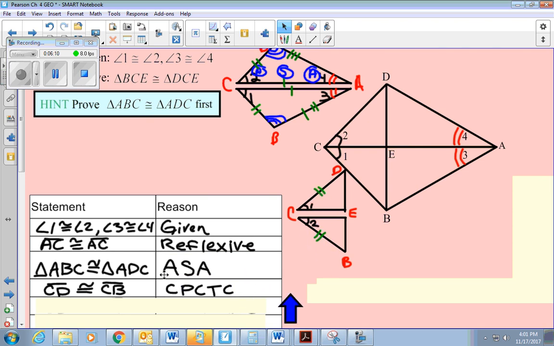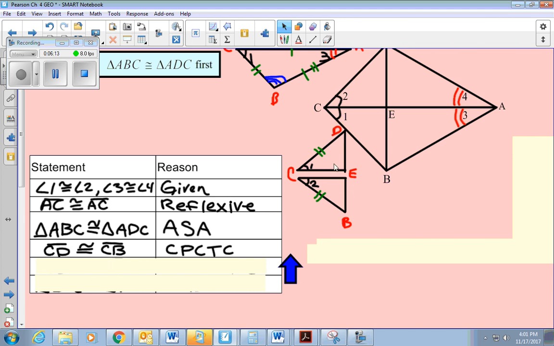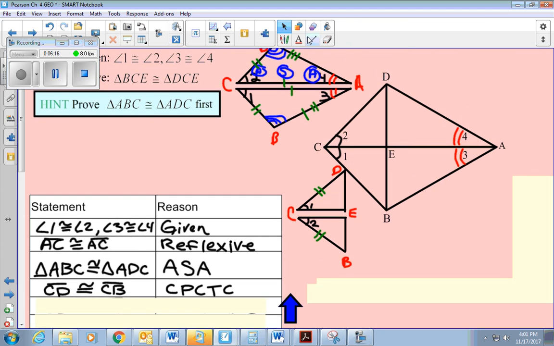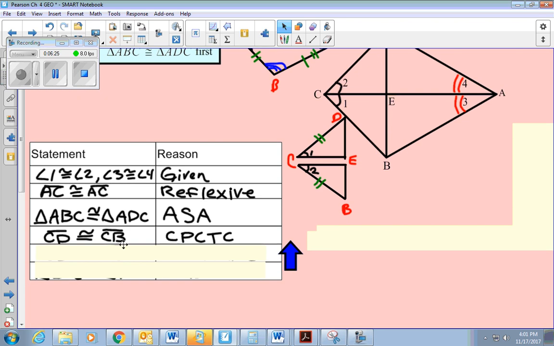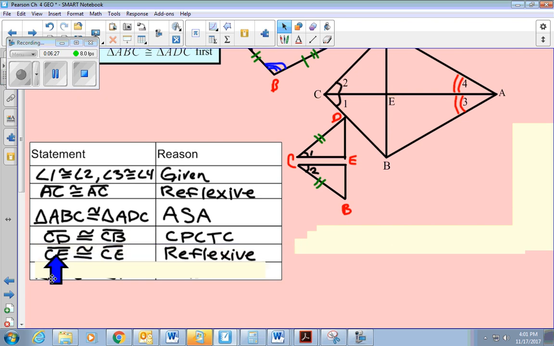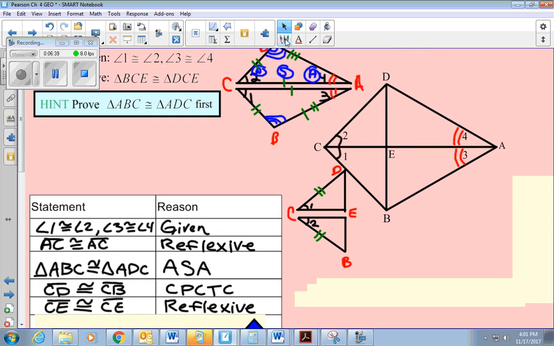Okay, the next item that we want to look at is, again, anything reflexive. So we look here, we see that CE is our overlapping side. So we can say that CE is congruent to CE by the reflexive property. So let's put that mark. So those are these two triangles. Okay, so now let's go around our triangle.